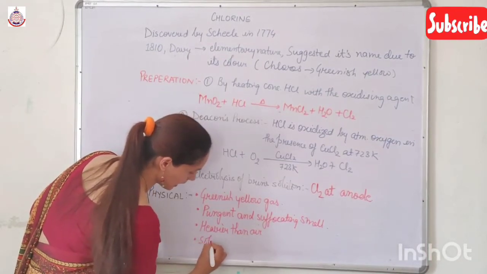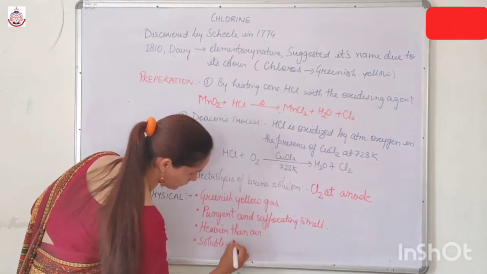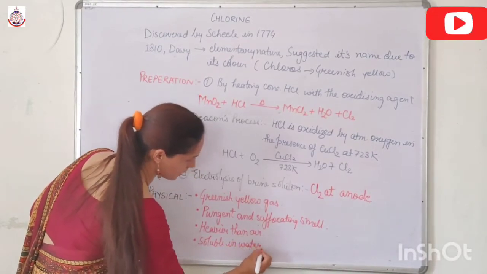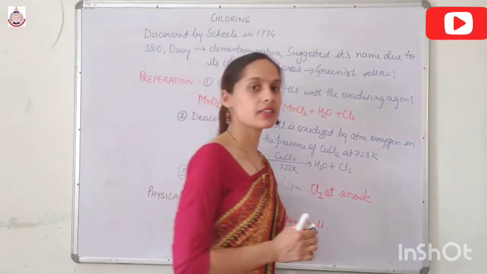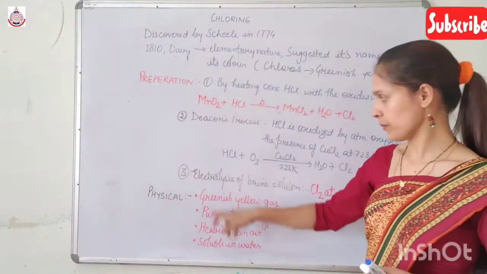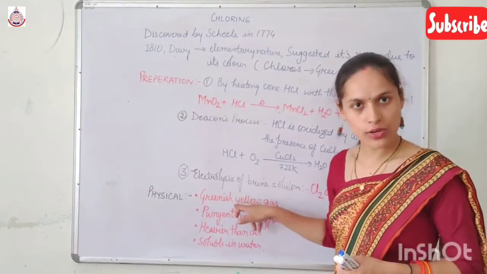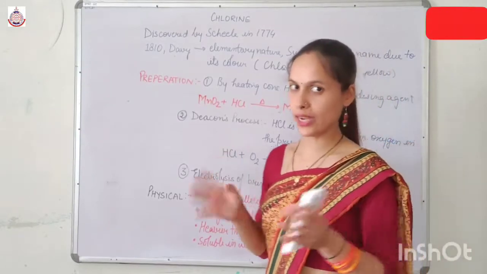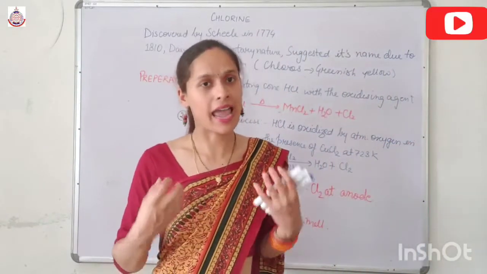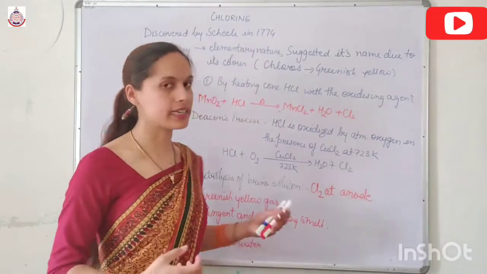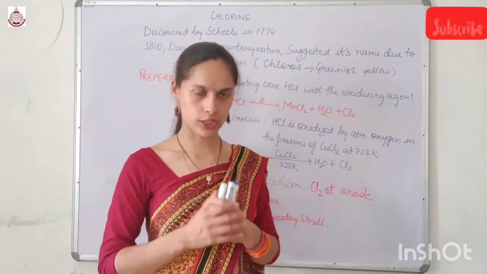And it is highly soluble in water. So these are the physical properties of chlorine: it is a greenish yellow gas, it has a pungent and suffocating smell, it is heavier than air, and it is highly soluble in water.